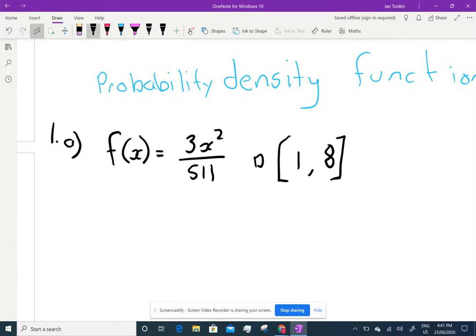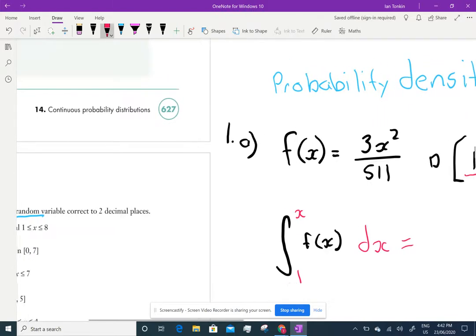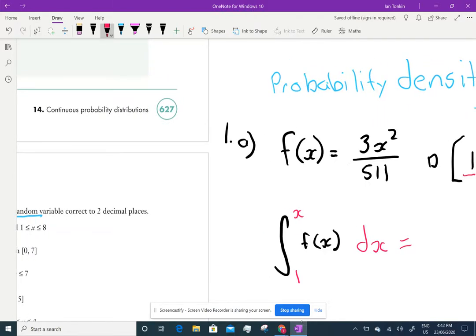Now, if we integrate f of x from the minimum, so from 1 to x, because we want a function with respect to x, we will get a cumulative distribution function, which will tell us the probabilities.